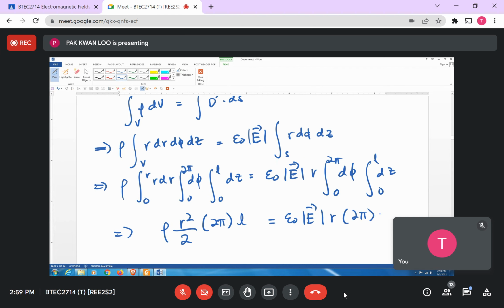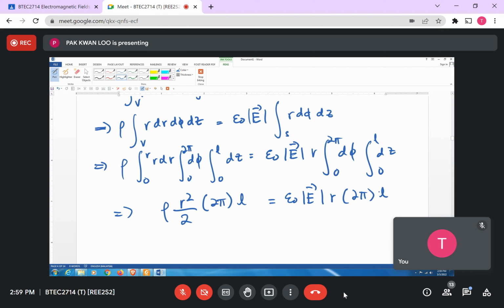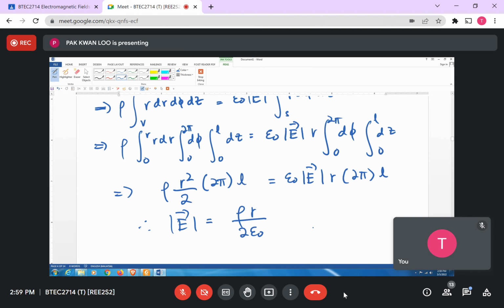2 pi L as well. So therefore E is rho s over 2 epsilon. That's the magnitude, and we want to express it as a vector.